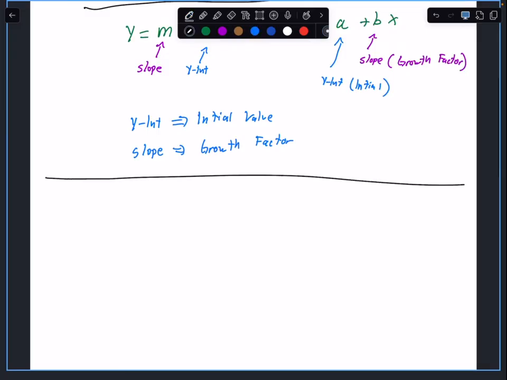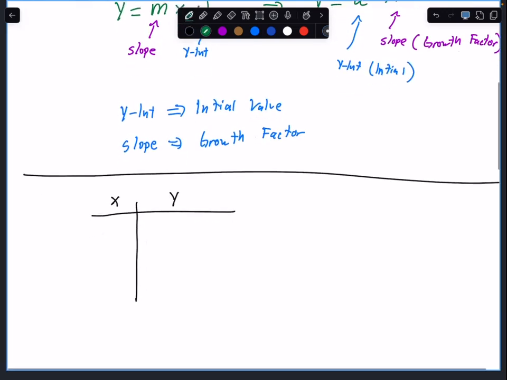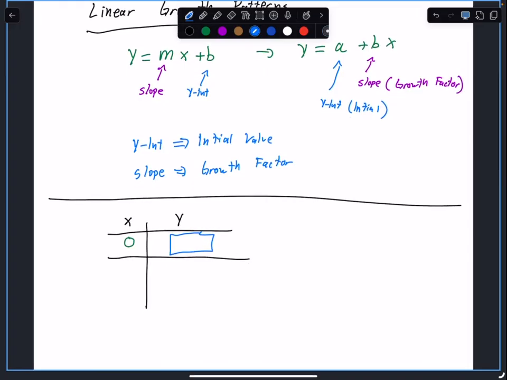Now, when we have a table, we have x and we have y. Whenever we see 0, the value next to x equals 0, that number is going to be the y-intercept.